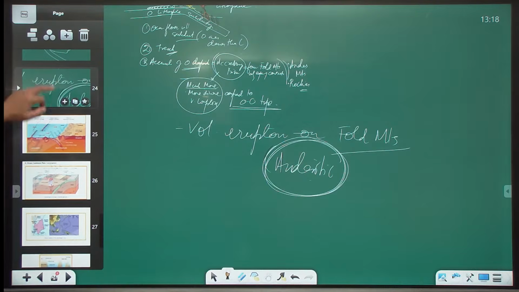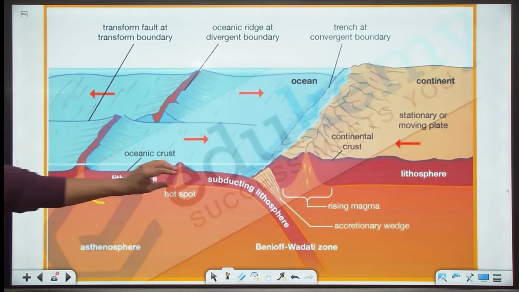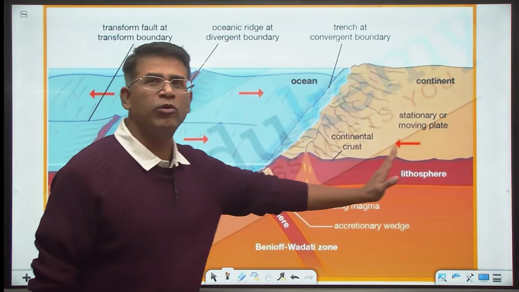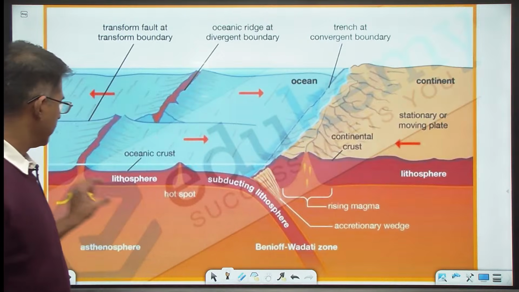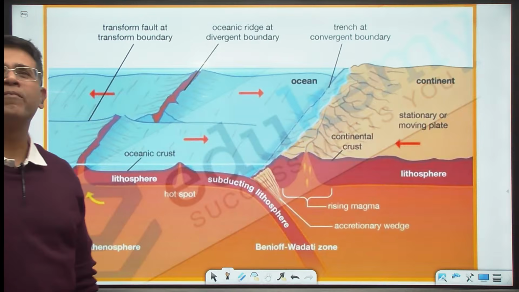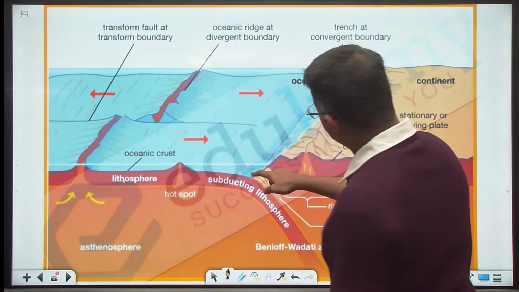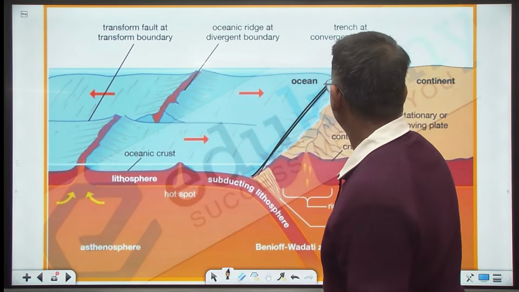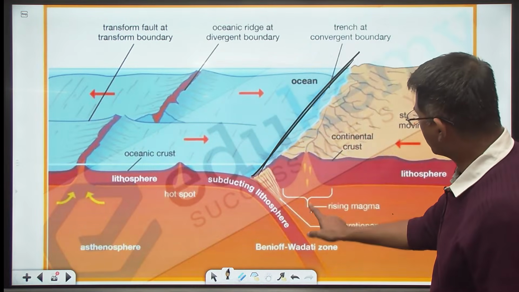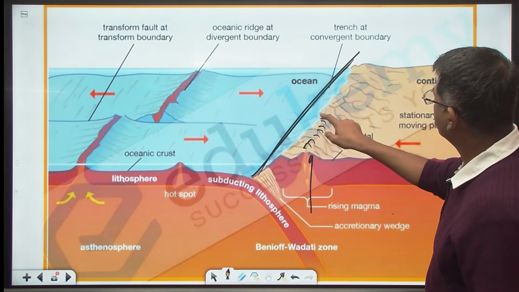So this was the diagram. I have oceans on one side, continents here. The ocean is going underneath the continent. So here also there is a trench. This also is a trench here. This eruption is coming out here. These are also andesitic eruptions here.